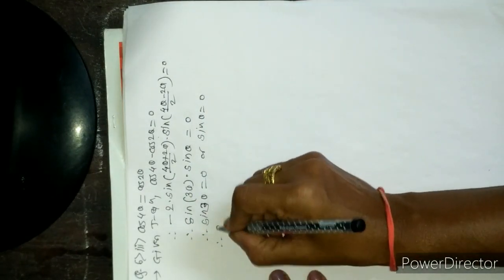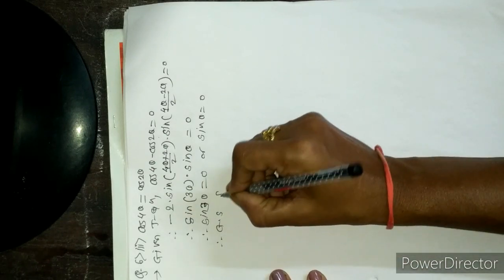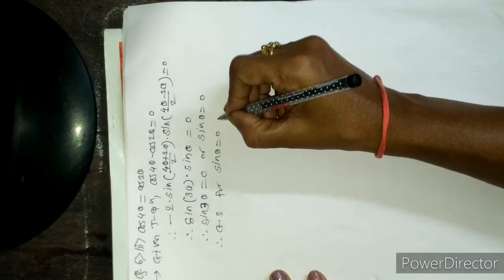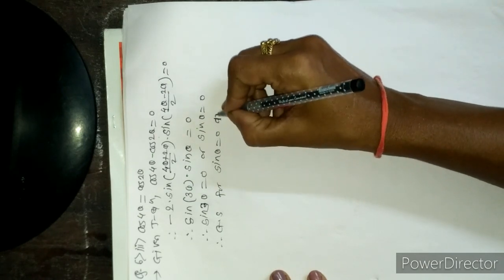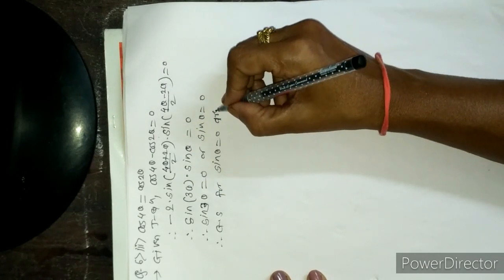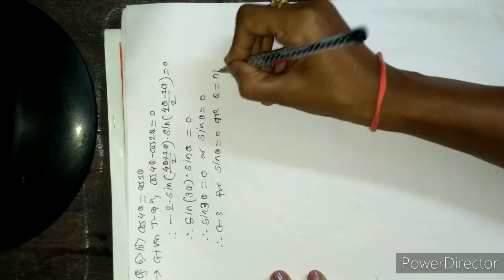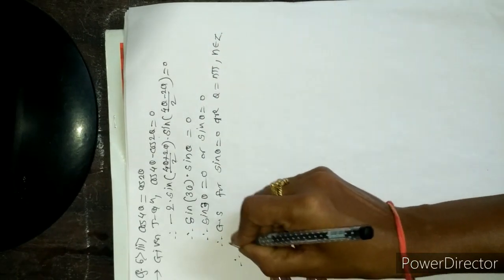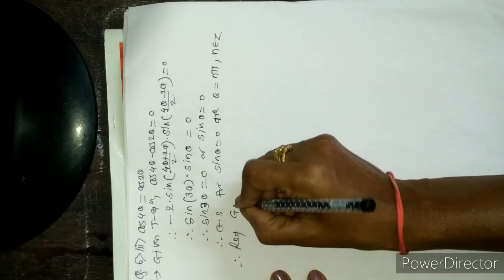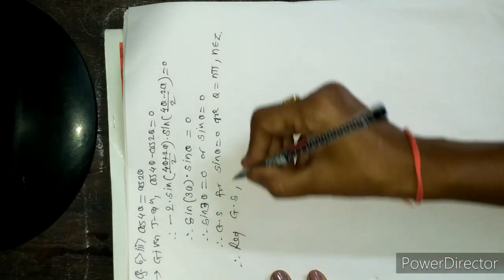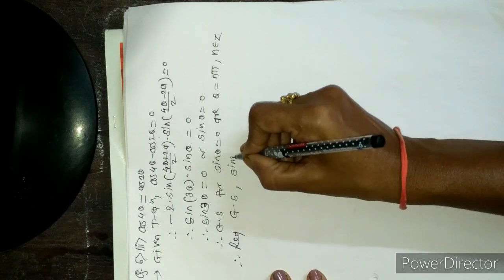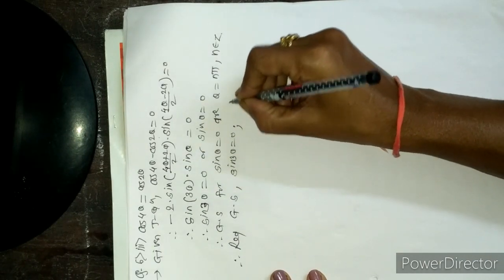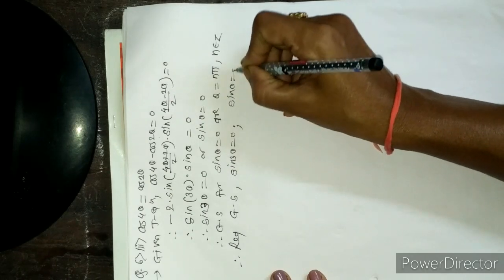Therefore, using the relation sin theta equal to 0, the general solution is theta is equal to n pi, n belongs to Z. So we take the required general solution: for the first equation, sin 3 theta equal to 0, and for the second equation, sin theta equal to 0.